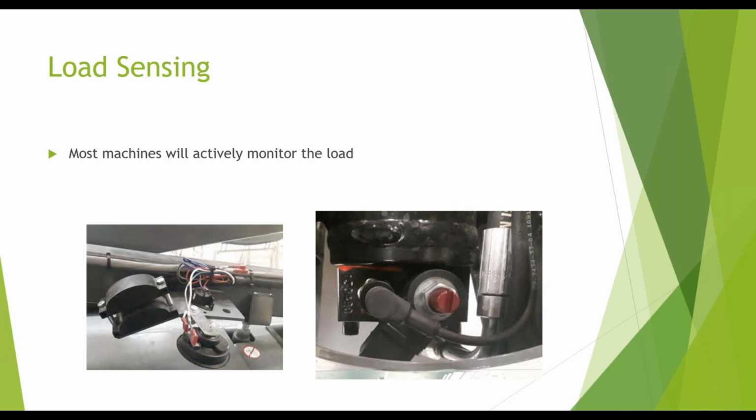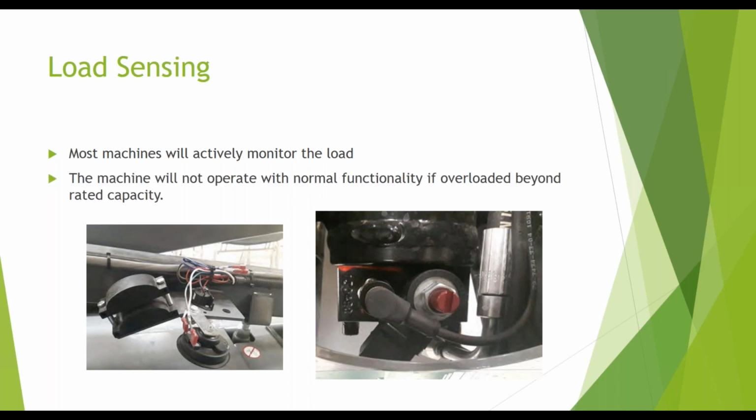Most machines will actively monitor the load. For example, if your machine gets overloaded, there's going to be a sensor, and there's going to be a shutoff to not let it become overloaded, because as accident data has shown in the past, this has been a cause of a lot of incidents and even some fatalities in the access equipment area.